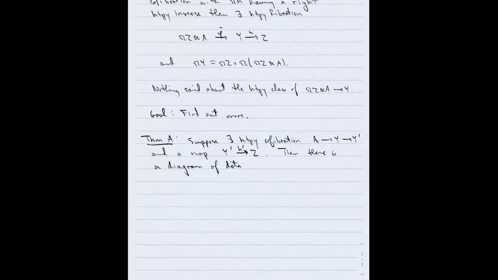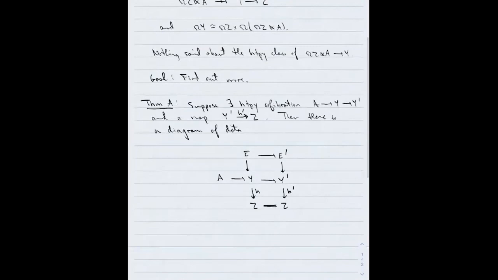You have the cofibration to start with, and then you have this map from Y prime into Z, and you could precompose with the map to Y and call that H, and take fibers. So here the columns are homotopy fibrations.